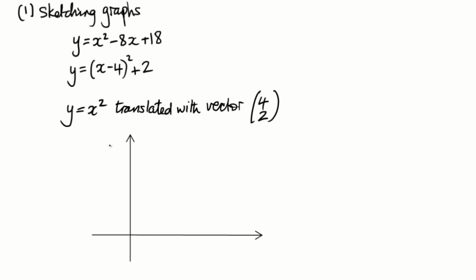So it's y equals x squared, shifted 4 to the right and 2 up. So this point here is 4 across and 2 up. And we know it crosses the y-axis when x is 0, so looking back at the original expression, it crosses at 18.